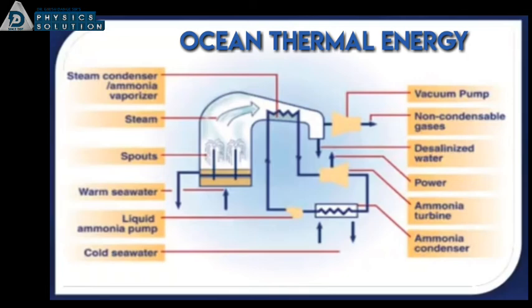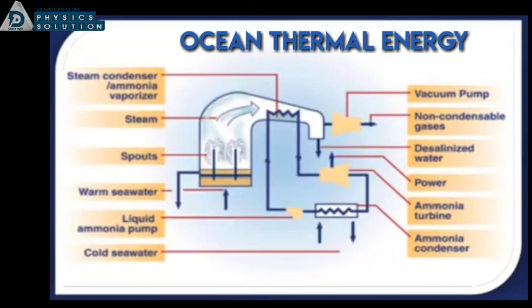In this, the warm surface, that is the upper part of the ocean layer, is used to boil ammonia. The vapor of this ammonia is then run through narrow pipes and is incident on the turbines, and with that the turbine starts to rotate. As the turbine rotates, it operates the generator and hence electric energy is produced.